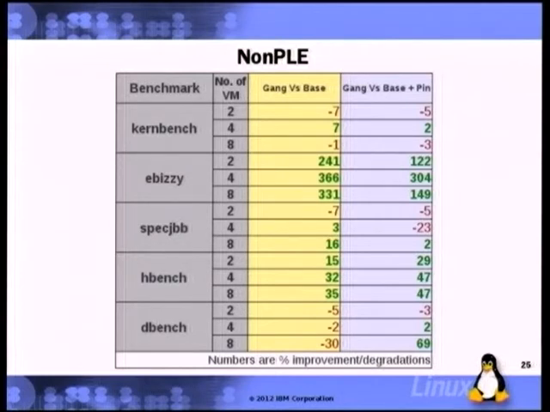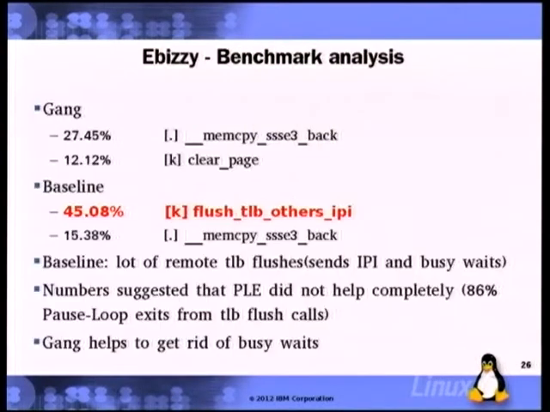I would basically take up a couple of the benchmark analyses that we did to show a few things. For EBizzy, we got some performance numbers from within the VM. What we saw was that in the baseline, there's a function called flush TLB others IPI.